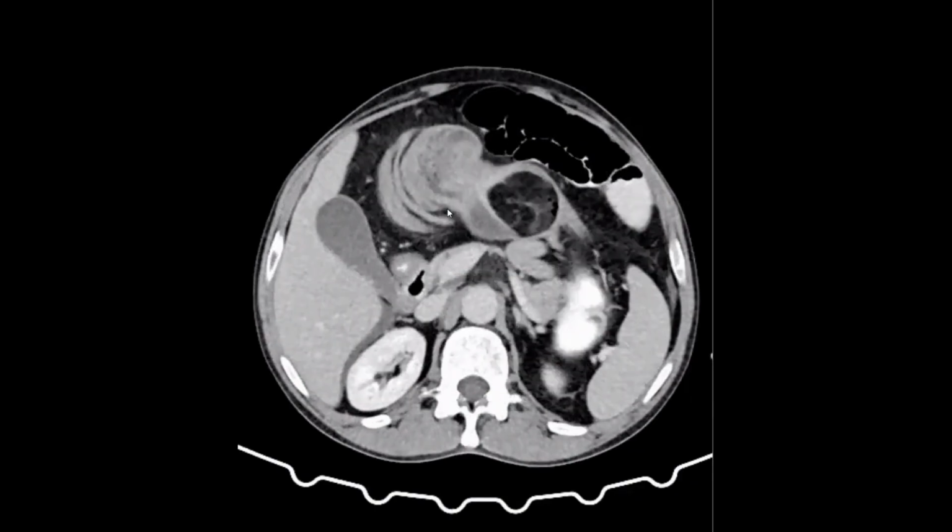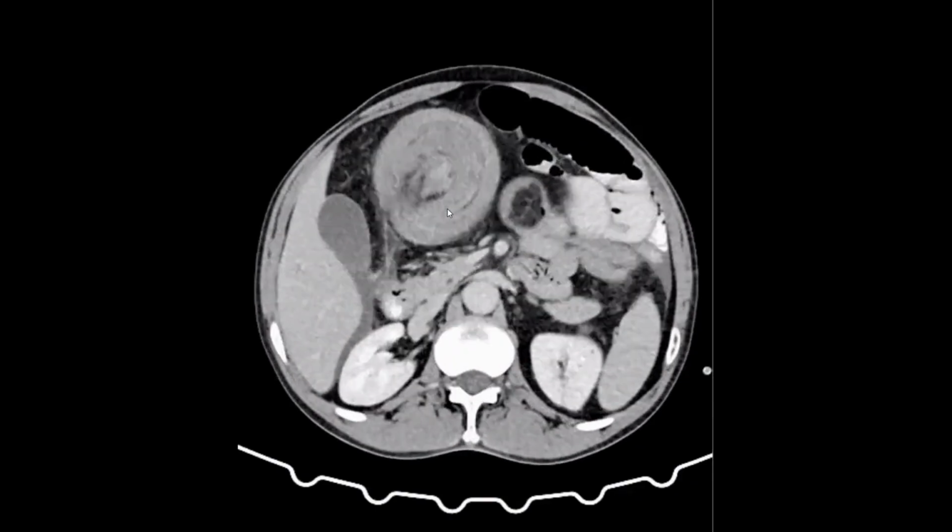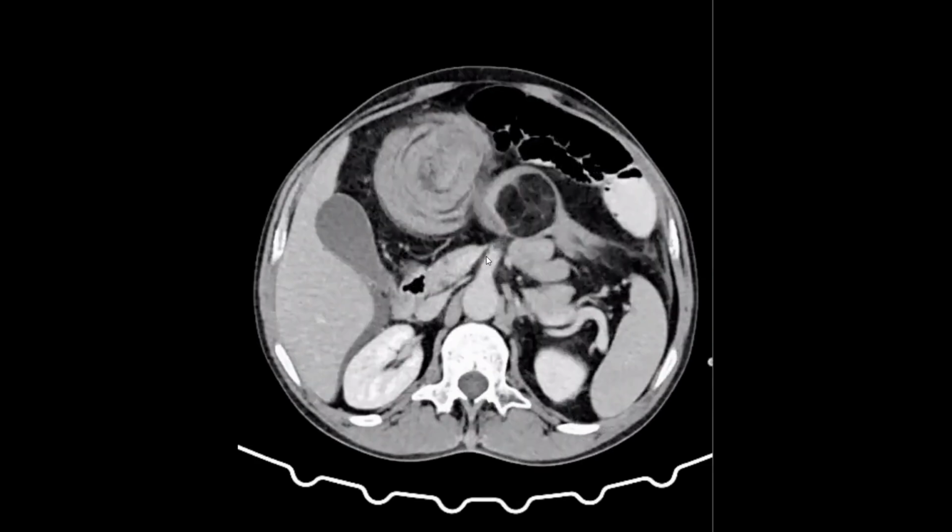Once we have intussusception, in a pediatric case, the cause can be lymphoid hyperplasia. This is the most common cause. But in the adult age group, underlying tumor is suggested till proven otherwise. So underlying tumor, maybe benign, maybe malignant. You should search for the cause of the leading point.